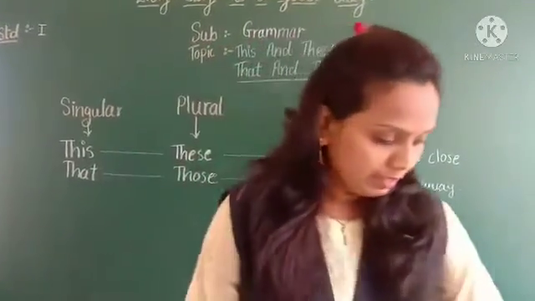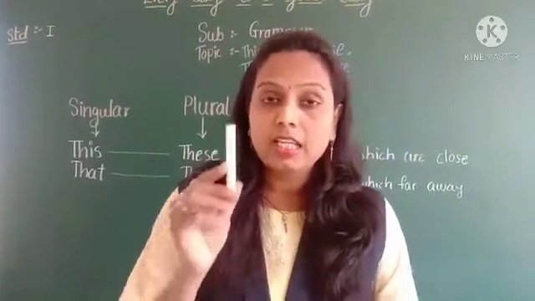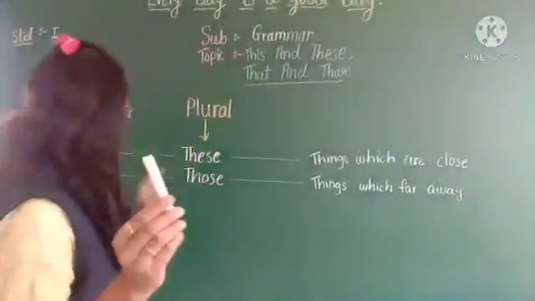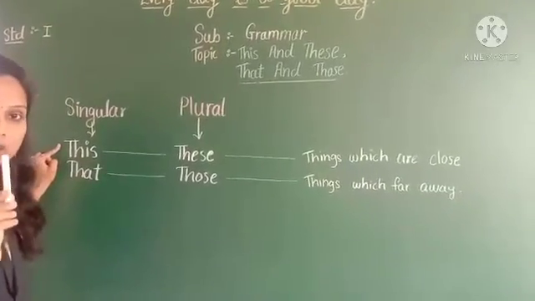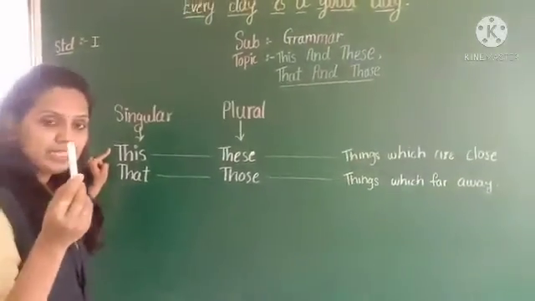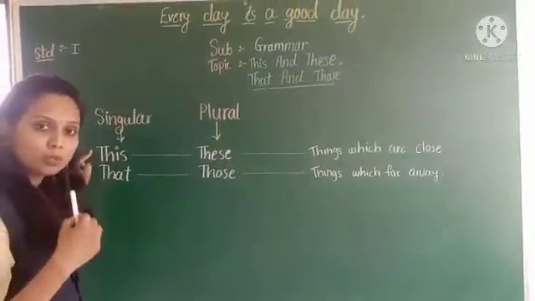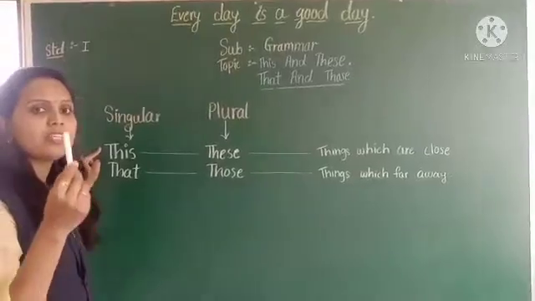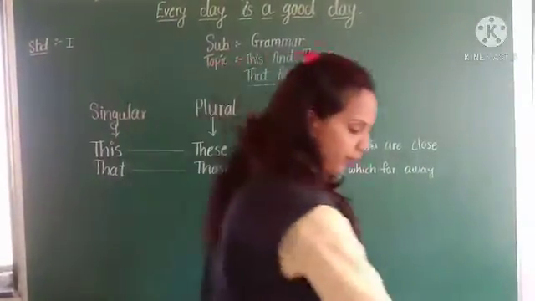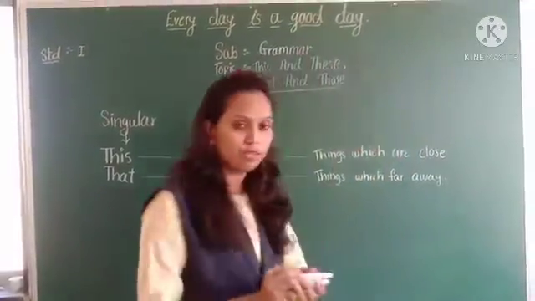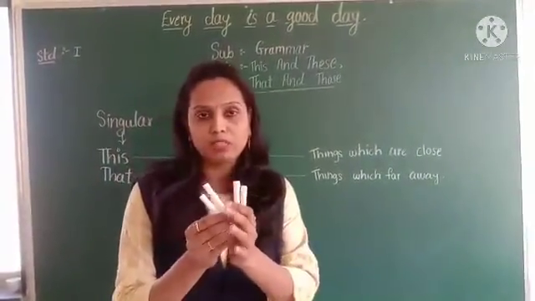See the example for better understanding. This is a chalk. This is singular form as well as close to me. So I use this. Okay. Now see. I have more than one chalk, means plural form of chalks.